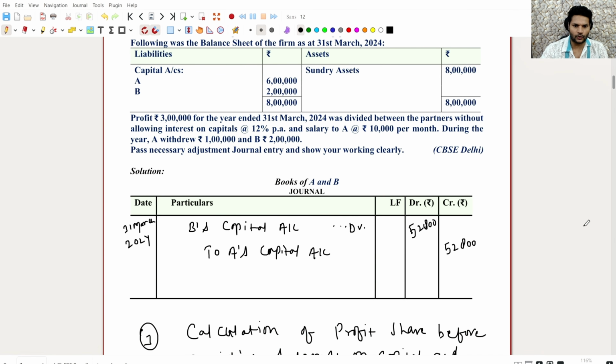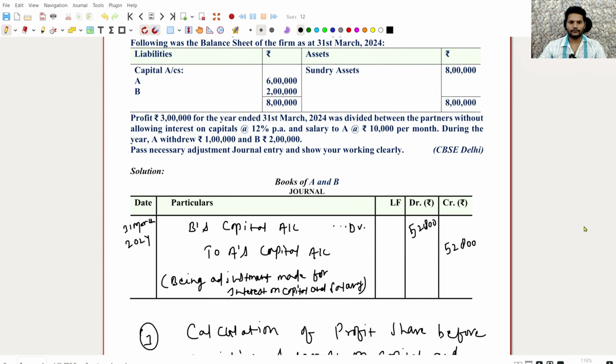Okay, so let's write the narration. Being adjustment made for interest on capital and salaries. Okay, so finally we have passed the journal entry, that is B's capital account debit to A's capital account, and also we have prepared the working note.